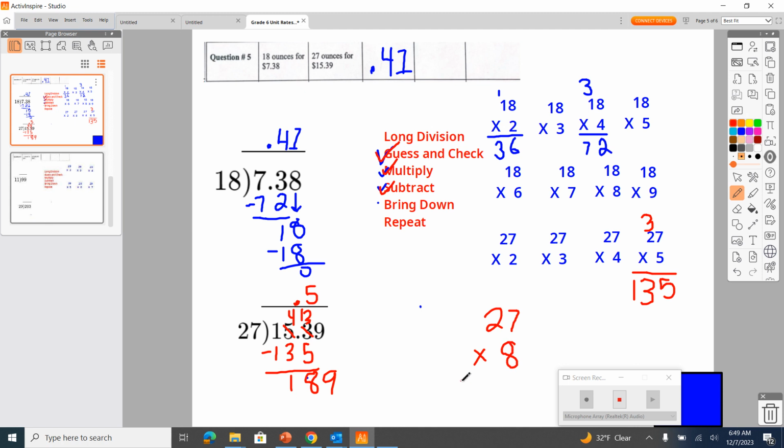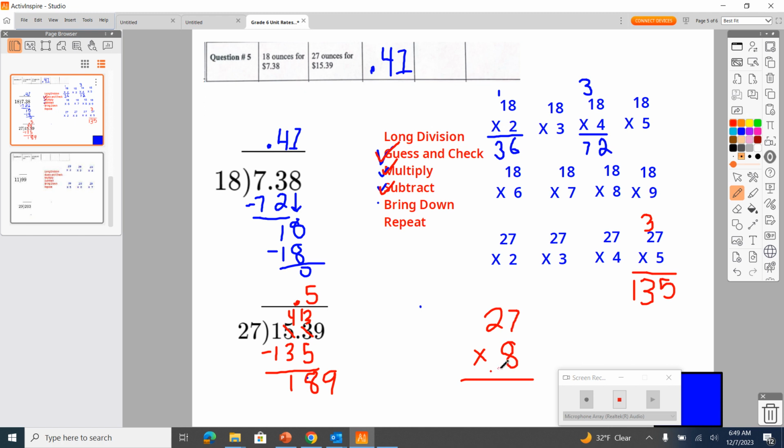It might be 9. I could also guess and check saying, just look at the first two numbers. 18 divided by 2 is 9. But since 27's kind of close to 30, I'm just going to guess 8. If you're not sure what to guess, you could do all of them. You could start your problem by doing a full multiples chart for 27.